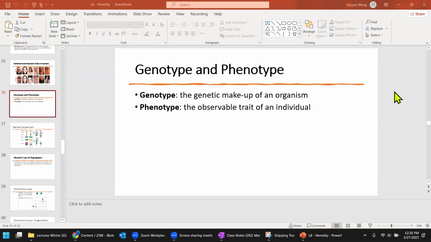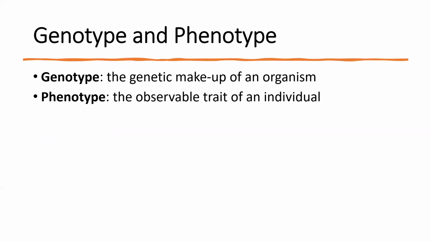Last class, we were learning about genotype and phenotype. Just to refresh your memory, genotype is the genetic makeup of an individual, which is basically describing what kind of alleles they are carrying. So far we learned that genes can have different versions, different alleles.